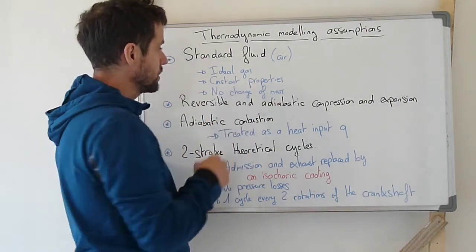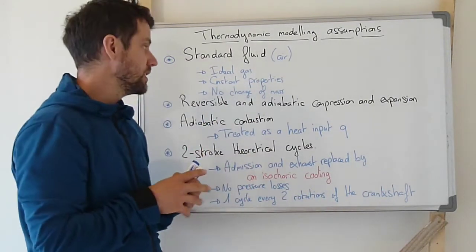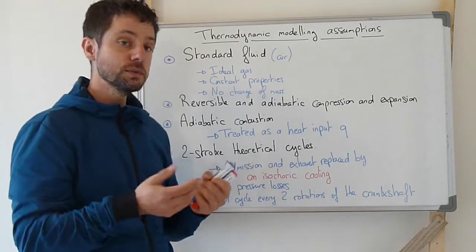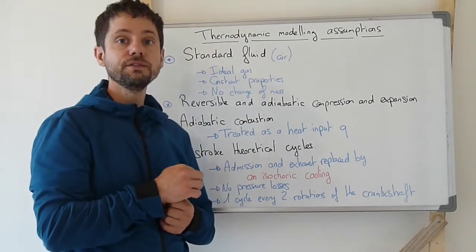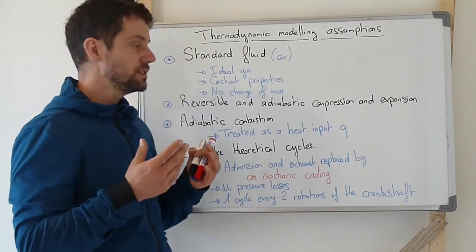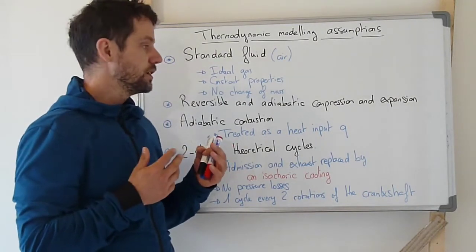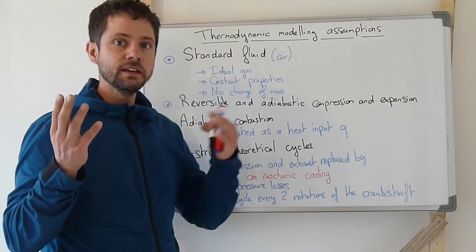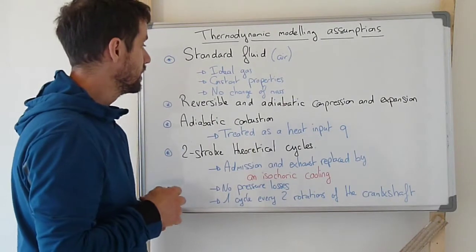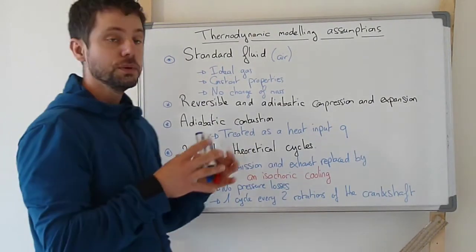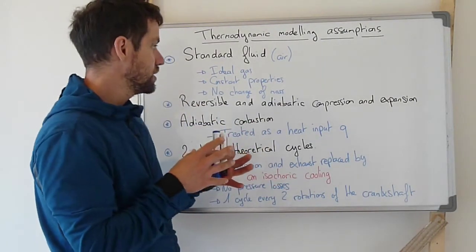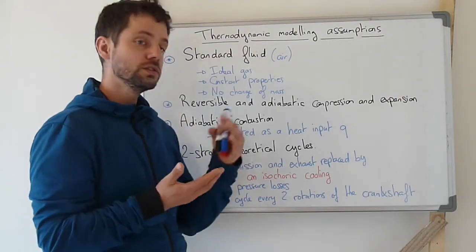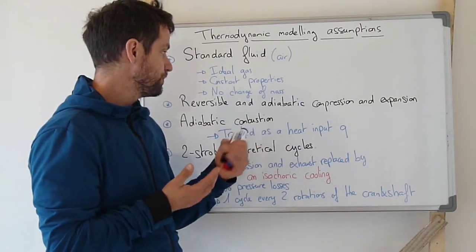We'll also consider constant properties, and this is an approximation, because there are very large differences of temperature between, for example, the end of the combustion and the beginning of the admission, and so here we will neglect the change of properties, either due to the change of chemical nature or due to temperature.